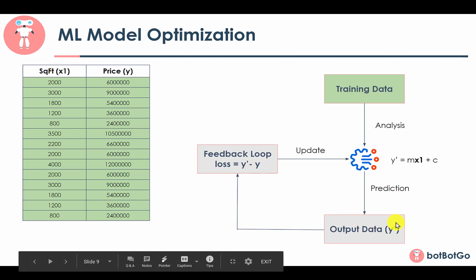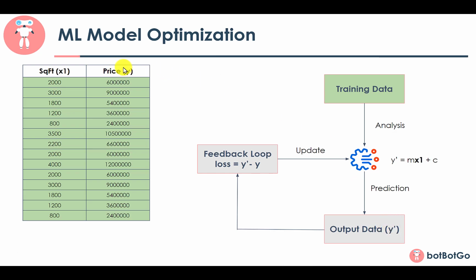Now, in order to see how good a model performs, we can compare this predicted value with the actual price. Depending on the error between the prediction and the actual value, you can further improve this model by changing the value of the coefficients, which are M and C in our case.